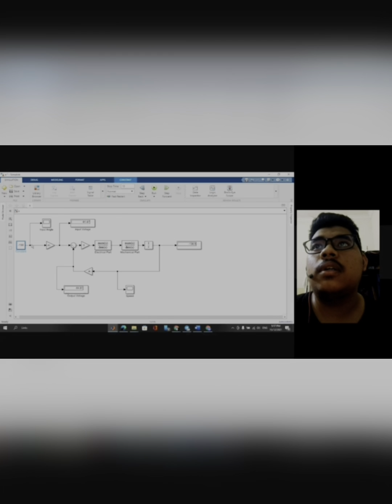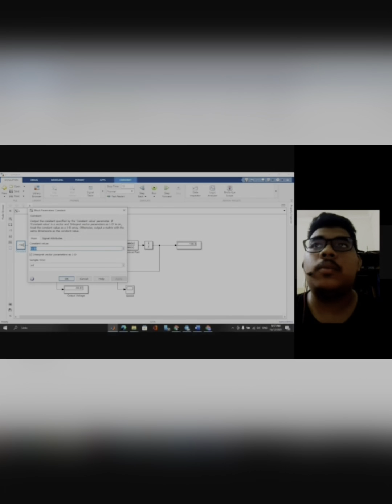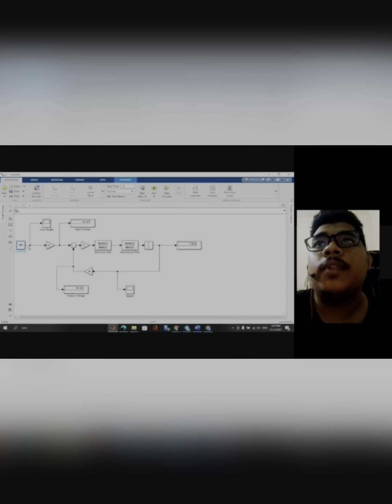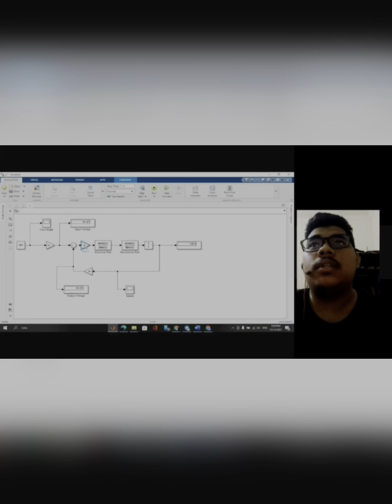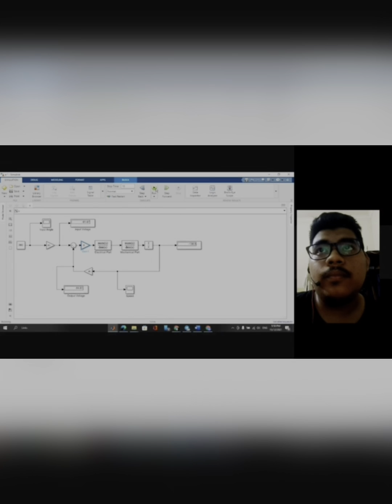Next, when we change the input angle to 360 degrees, attenuator gain is 8, and we run the simulation. We get the input voltage is 220 volt. The output voltage is 190.6 volt, and the shaft position motor is 311.9 degrees.